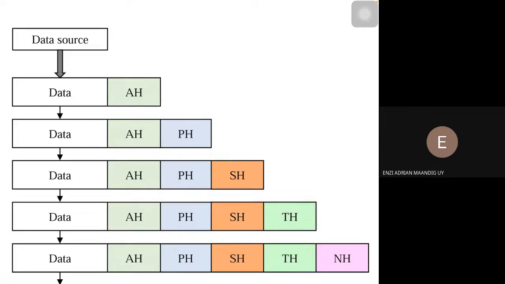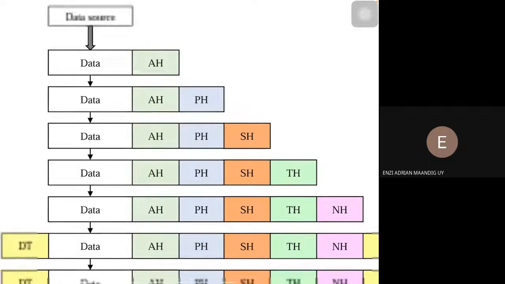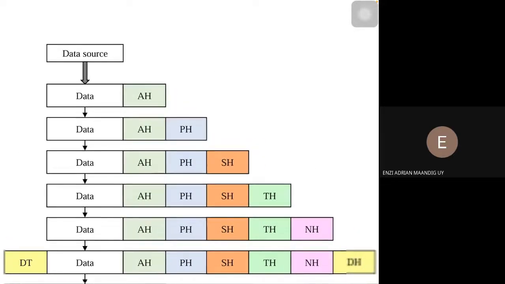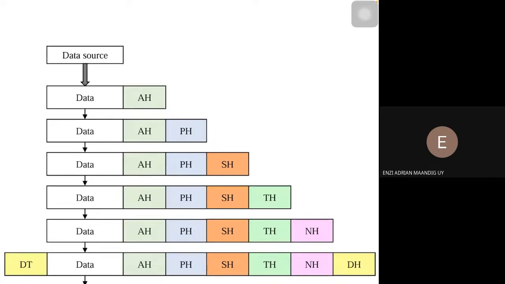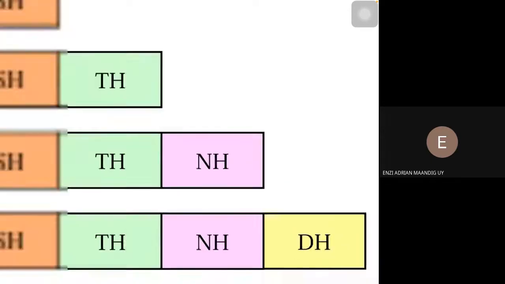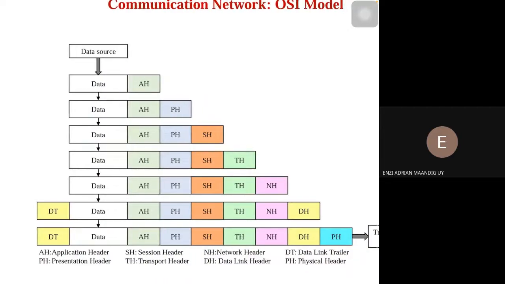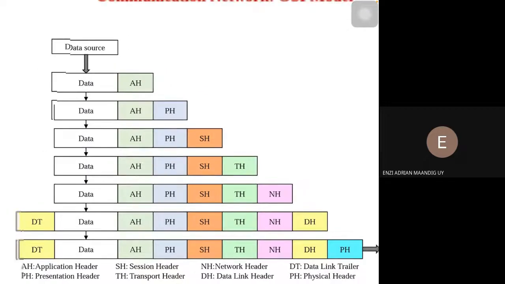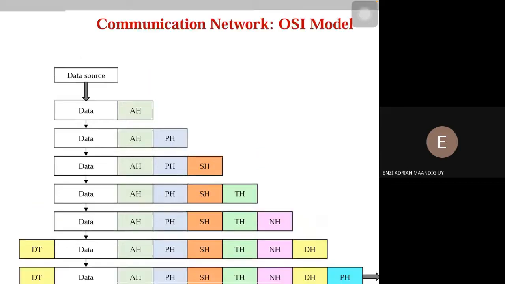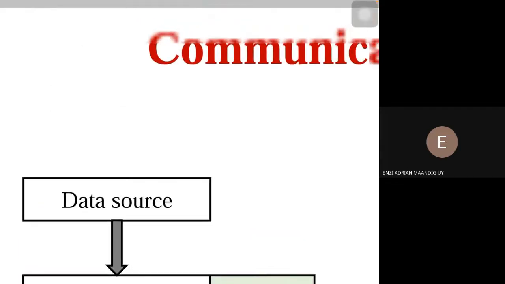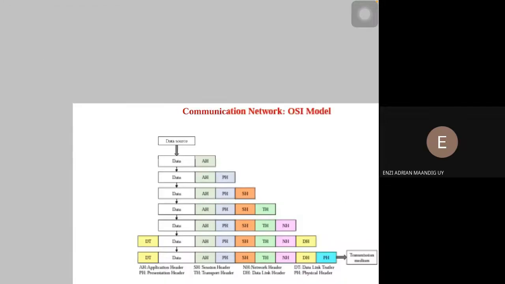The router encapsulates our data with an IP address, and the switch or the NIC, the network interface card, encapsulates our data with a physical address. These are the data headers, and then we also have the physical-level headers, PH. When it reaches the receiver, the headers are removed so that when it reaches the application, we can read the data that was sent by the person we are communicating with.